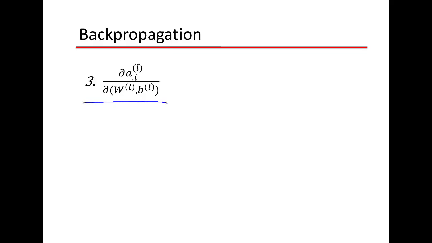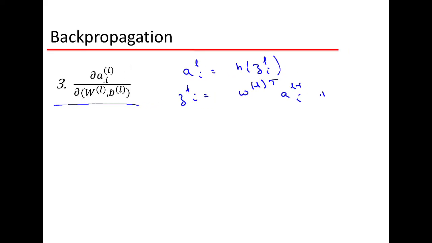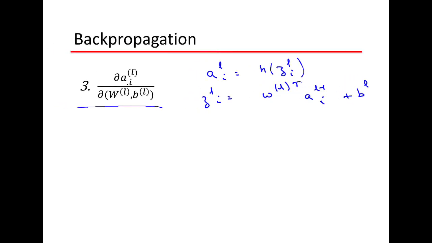A L I equal to H of Z L I, and Z L I equal to W L transpose A L minus 1 I plus B L. So the first part is the same as before. I have to take the derivative of A with respect to Z and it will give me the diagonal matrix, that's fine. Now what is the derivative of Z with respect to W?